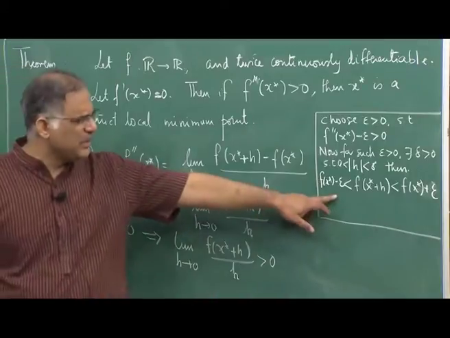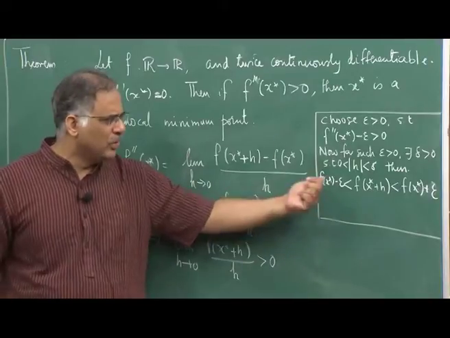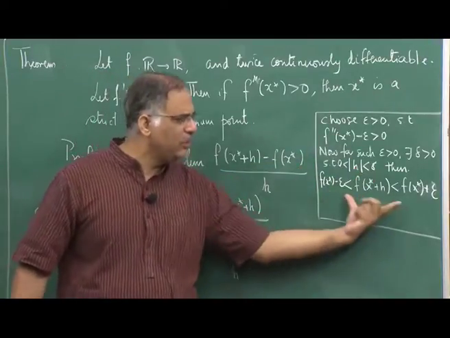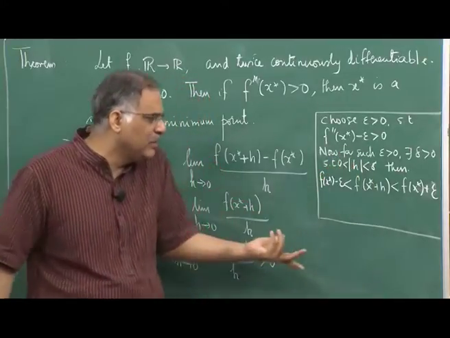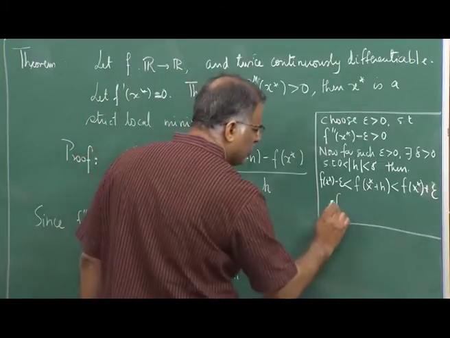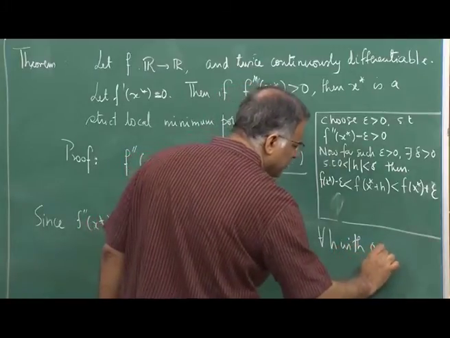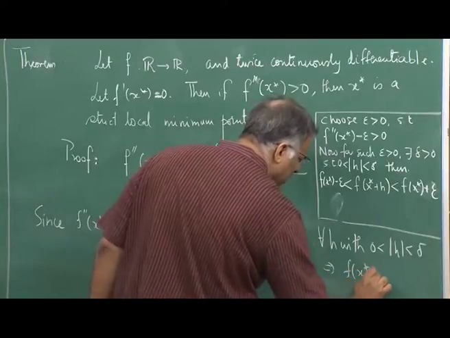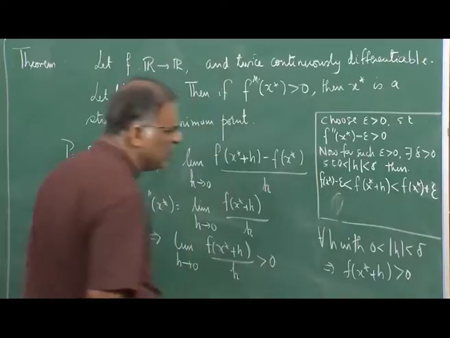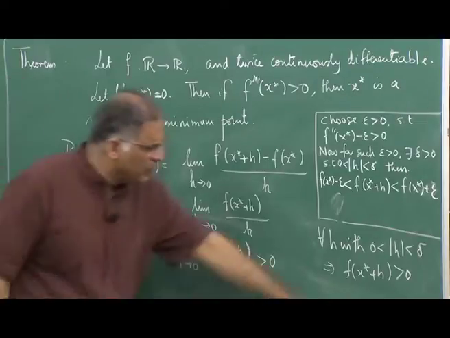But I have already chosen the epsilon such that f double dash x star minus epsilon is strictly bigger than 0. So, for such an epsilon I can get a delta for which this is true. So, for all h with absolute value strictly less than delta, and obviously h not 0, the quotient is strictly bigger than 0. So, it says that this is true for h sufficiently small.